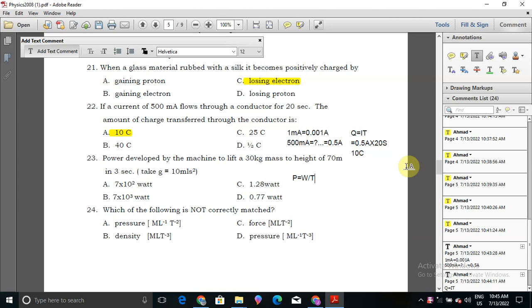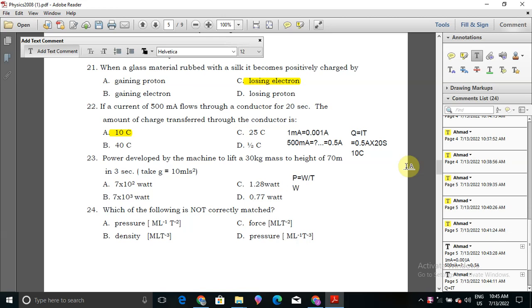So what we will do here, we know that work is equal to force times distance, right? That means force is equal to what? MA. Wait, I will write it because it will be better to not be confused.